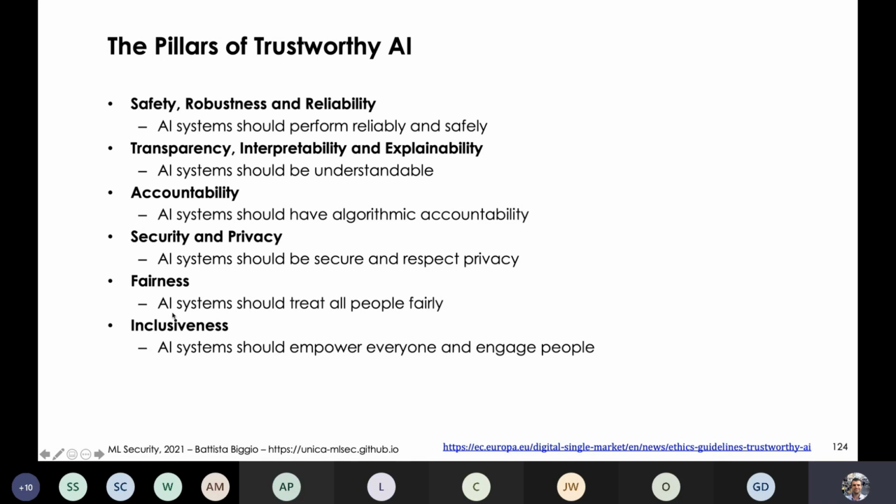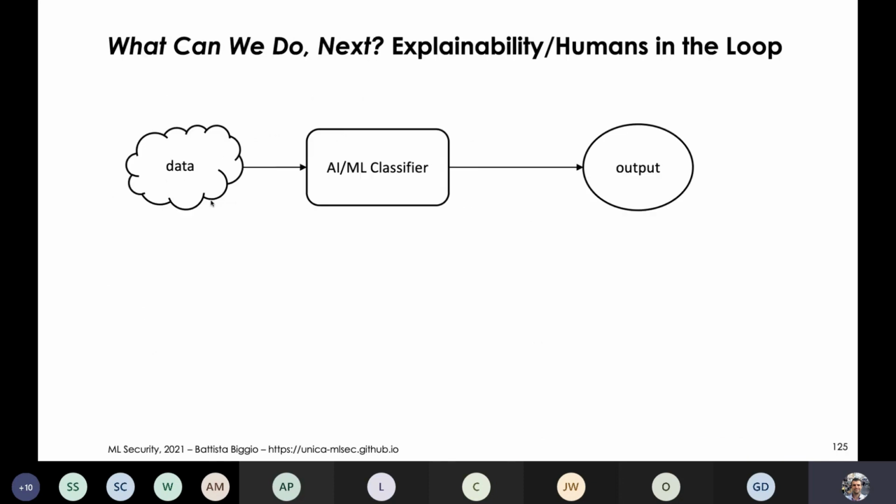AI should be inclusive, privacy preserving, and also accountable. So here it means that if an algorithm creates a problem for a human, for instance, a self-driving car killing a pedestrian, who is responsible for that? This should also be debated, and it is indeed under discussion especially in the European community, but also in the US to some extent.